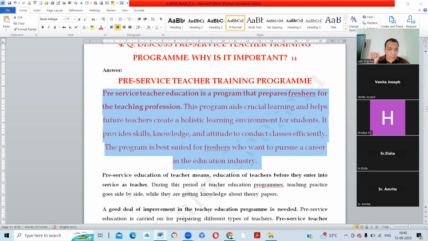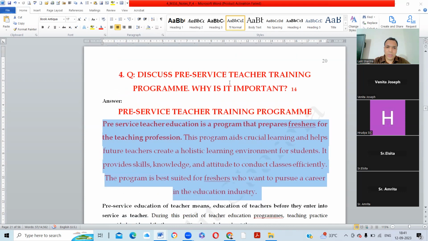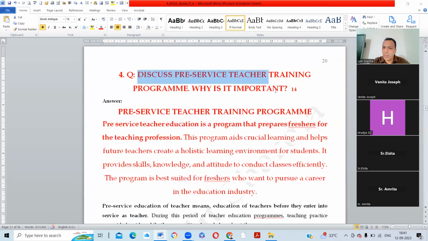I talked about B.Ed or M.Ed students who are currently doing the B.Ed or M.Ed. Okay, naturally they are the freshers, they are the prospective teachers, they are the pre-service teachers. So this program is best suited for the freshers who want to pursue a career in the education industry. So you have to talk about pre-service teacher education and why it is important.